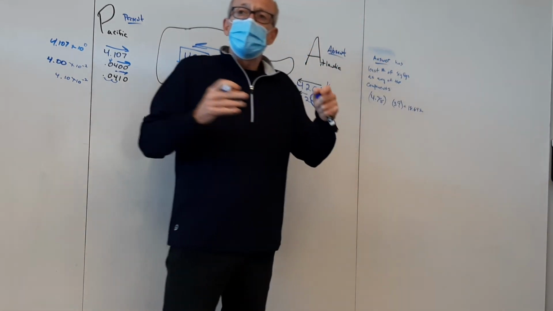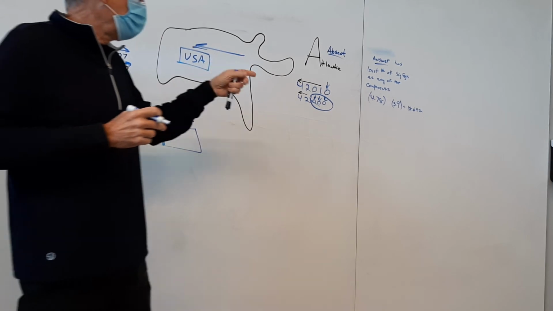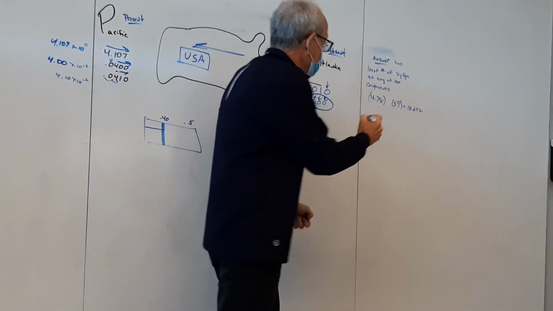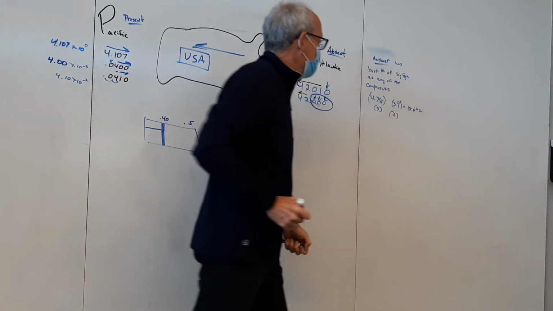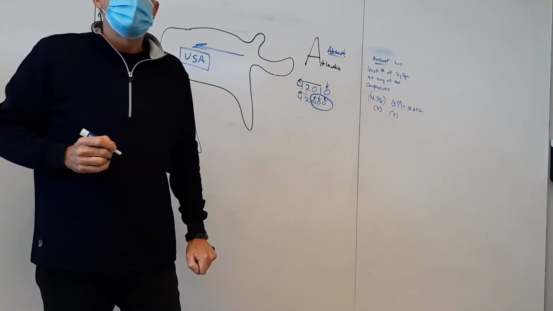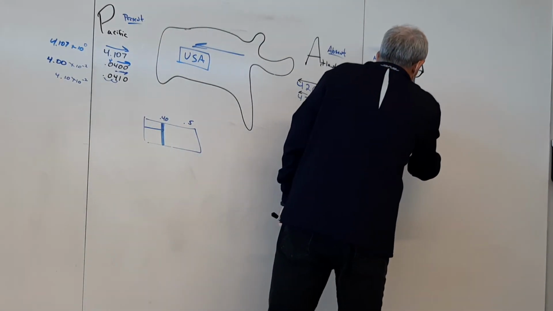When you do these, write them out. Write down what your calculator says. Now put this in significant figures. This has 3 significant figures. This has 2 significant figures. So what's your answer going to be? 19.